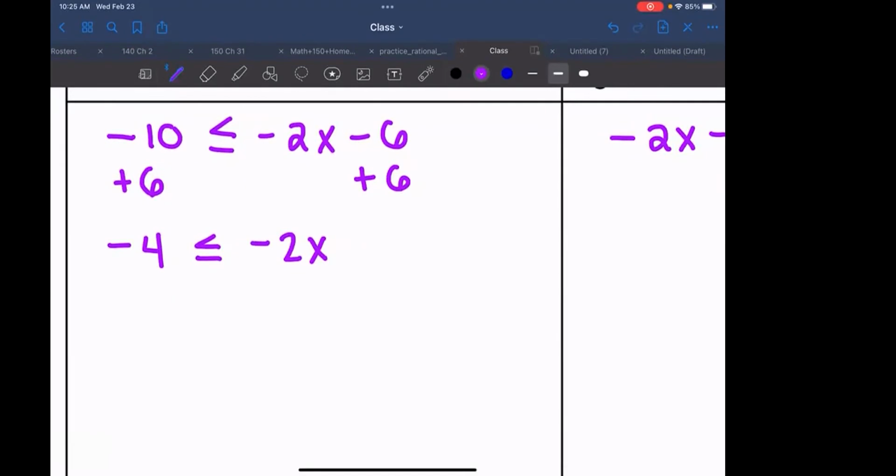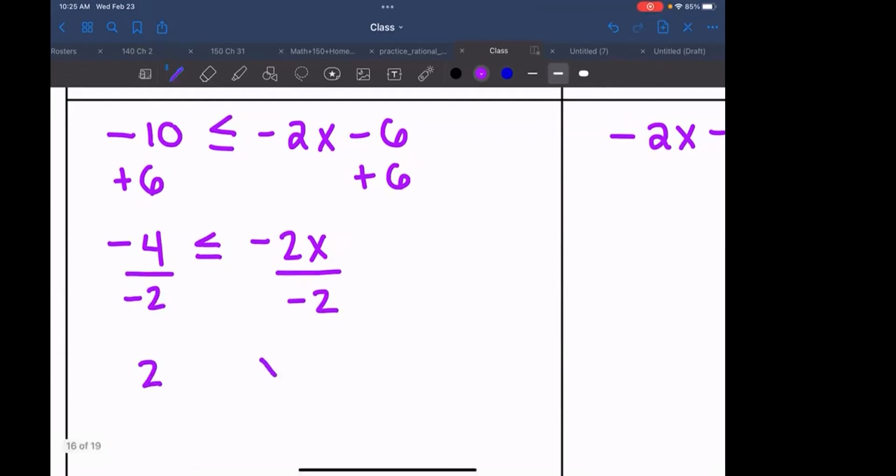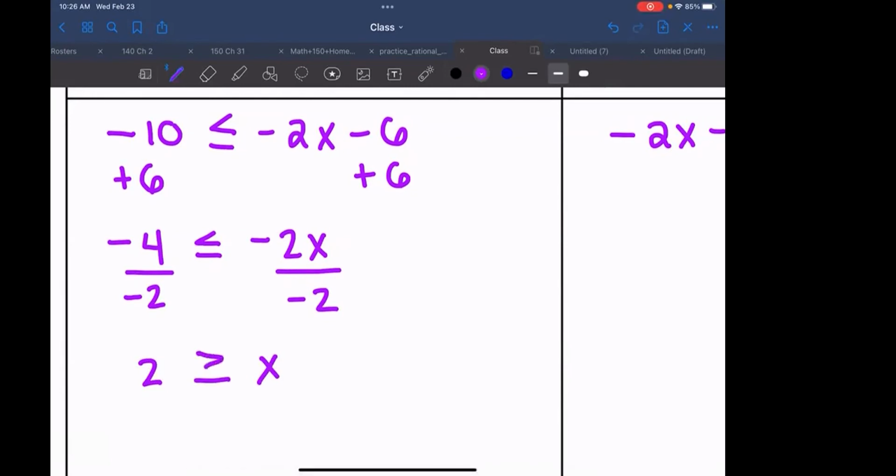What do I do to finish up this inequality? Yes, divide by -2 on both sides. So on the left, I get 2, and on the right, I get x. What is my sign going to be? Yeah, greater than or equal to, because I divided by a negative number.